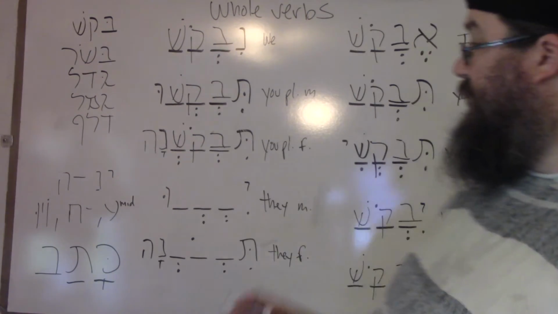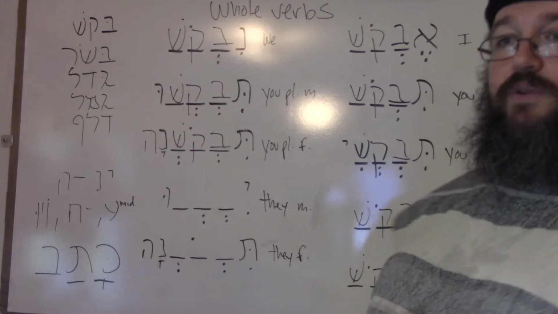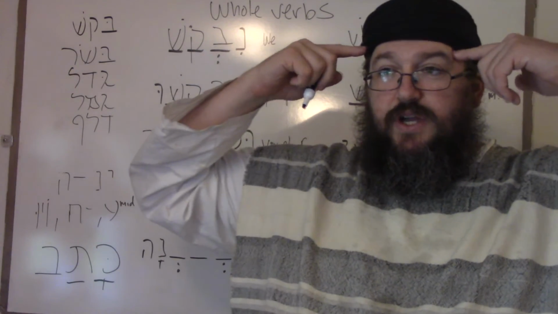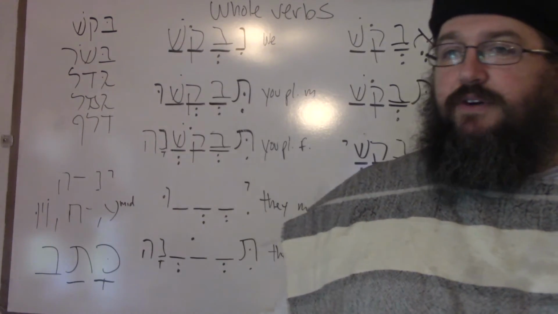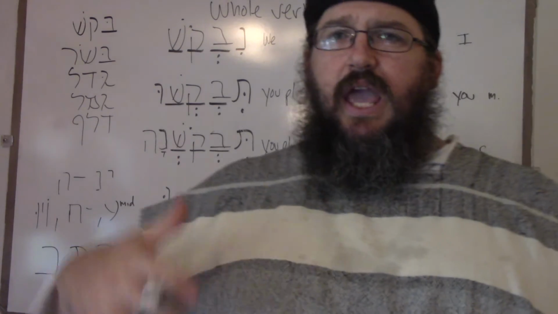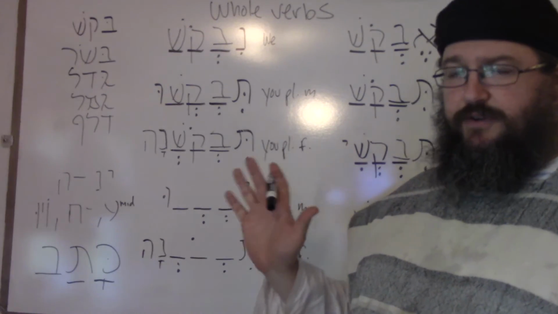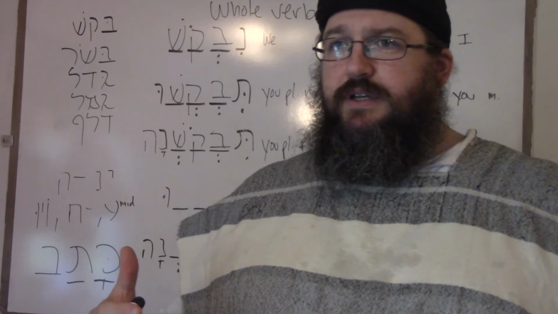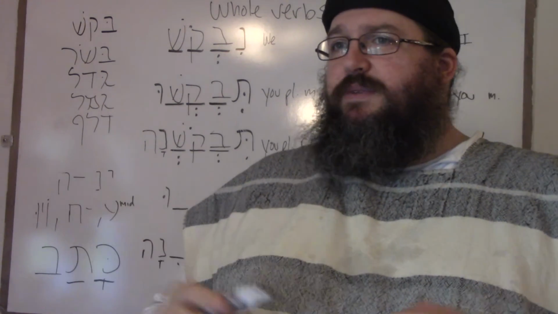Okay? If I see the yud, I know this is the third person. If I see the tav, I know this is the second person. Okay? You've got to get that memorization in your head, because when we're reading, this is how we're going to quickly identify the verbs that we're utilizing. Okay? And it's so important that we understand the whole verbs first. Because when we take the whole verbs and we start utilizing them, we'll realize that they're all going to be the same.